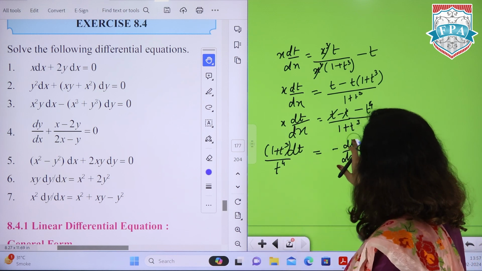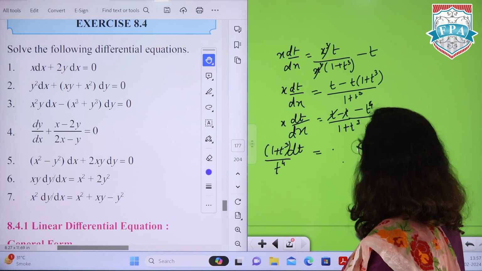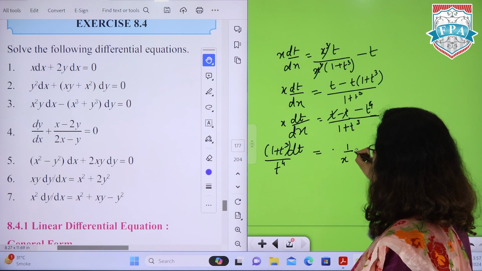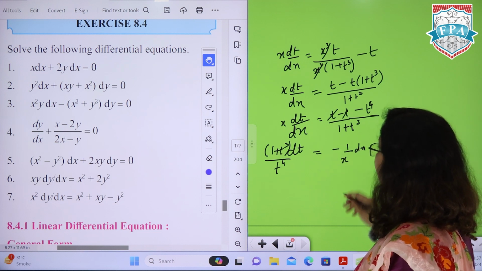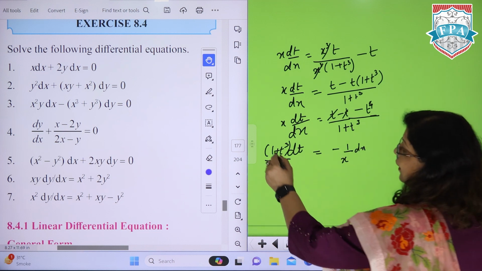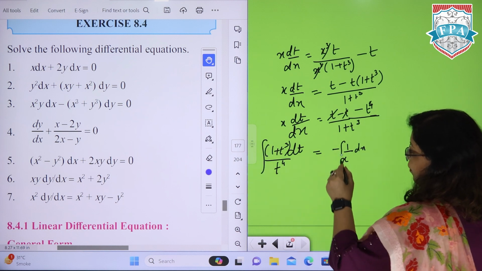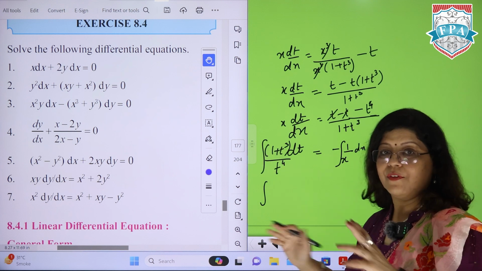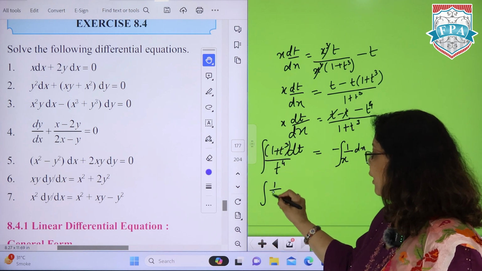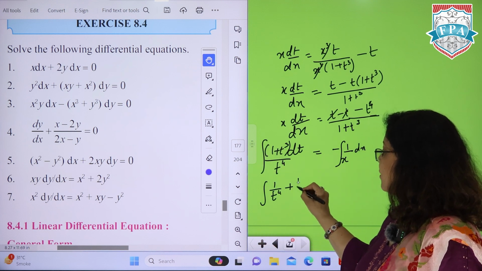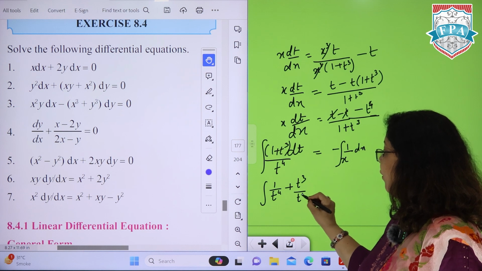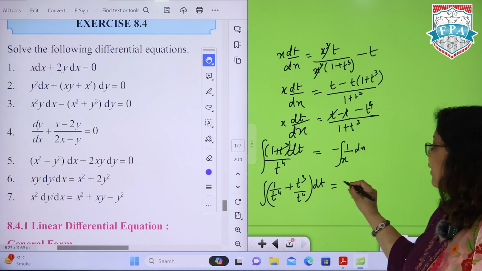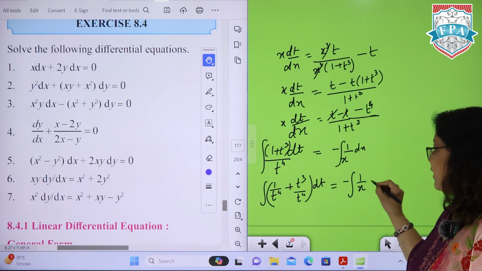So now when we come to this final thing, this thing is now 1 upon x dx, which is with minus. Let's solve this. Integrate both the sides. So once we start integrating, इसको हम दो parts में divide कर देंगे because denominator एक ही है हमारे पास. So this t cube by t to the power 4 dt, and this side will be simply minus integral 1 by x dx.